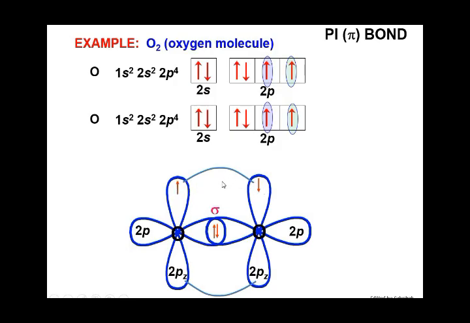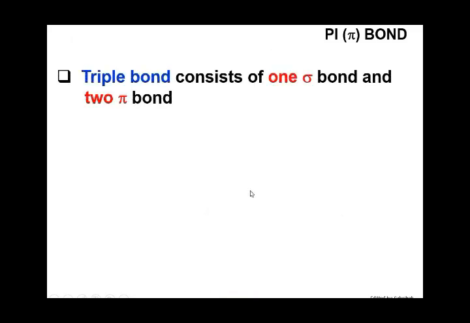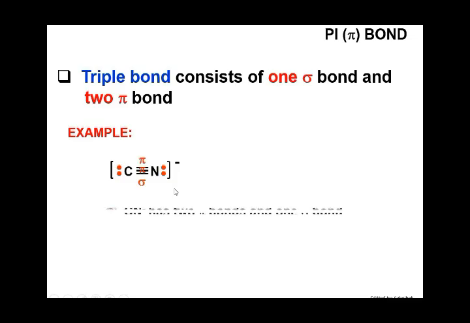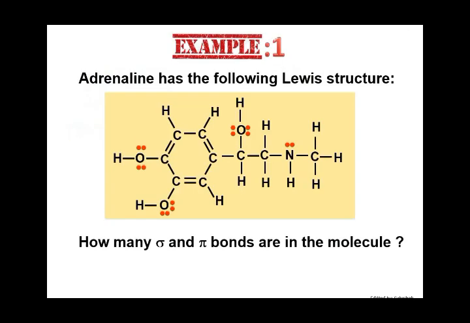We produce a pi bond. And here is end to end that produces a sigma bond. A triple bond consists of one sigma bond and two pi bonds. For example, we have the cyanide ion. Cyanide ion has two pi bonds and one sigma bond.